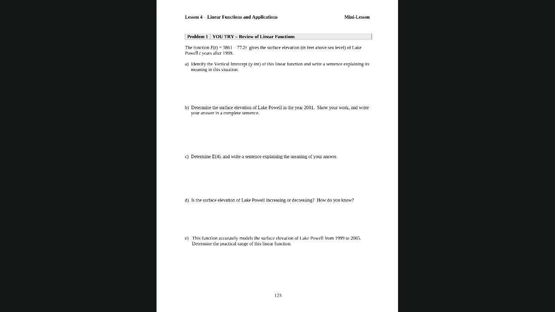All right, so first of all, we are supposed to find the y-intercept. From what we have here, we have e of t equals 3861 minus 77.2t. Is this a linear function? Yes, it is. Why?